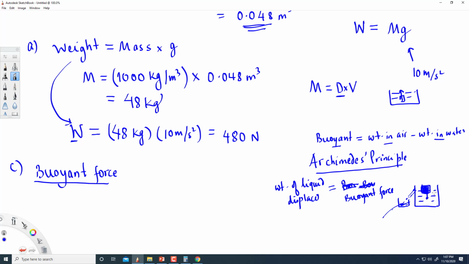So the more liquid displaced by the object, the more buoyant force this object will feel. That's the Archimedes principle.